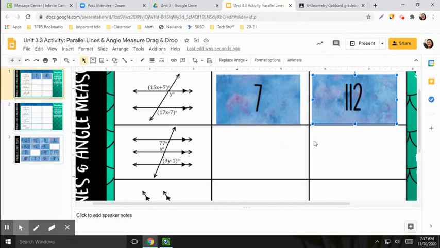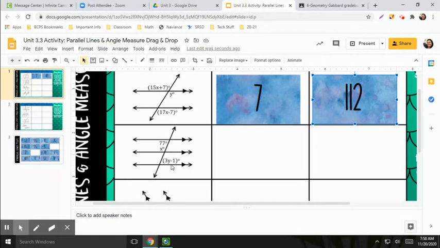So on this one, we have 3 parallel lines. We know they're all parallel because they're all marked with parallel signature right here. And we are given an acute angle that's 77 degrees, an obtuse angle that's labeled x, and an acute angle that's labeled y.